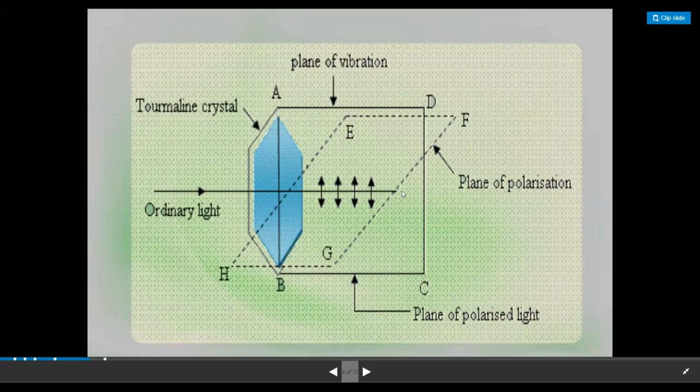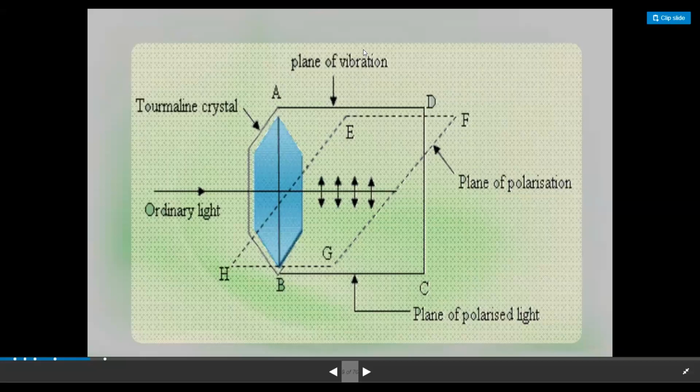This is the wave propagation direction, and this is the direction of particle vibration. The plane in which the wave is propagated is called the plane of polarization. And the plane in which the vibrations take place is called the plane of vibration.